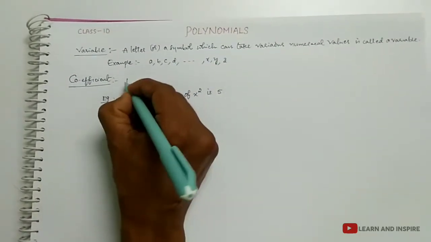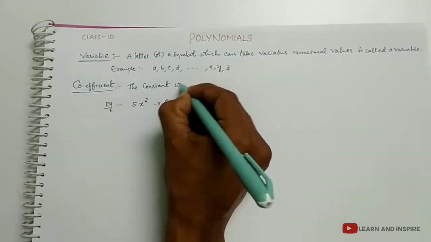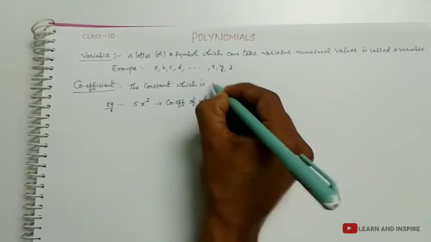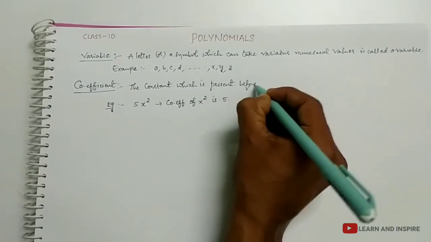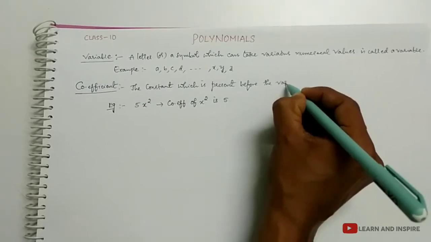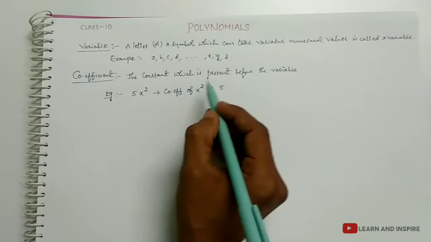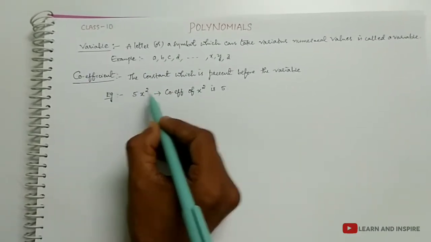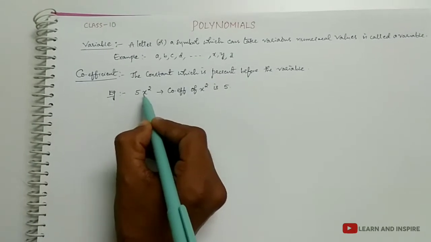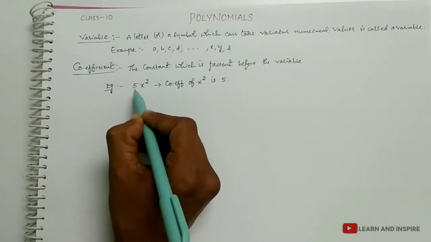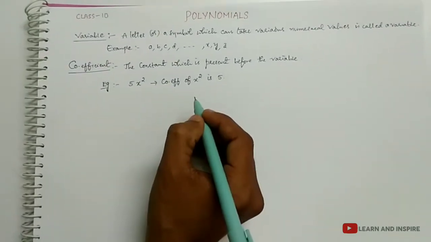So the constant which is present before the variable is called a coefficient. Understood? So this is one example, 5x square. The coefficient of x square is 5 because the constant present before the variable is called a coefficient.